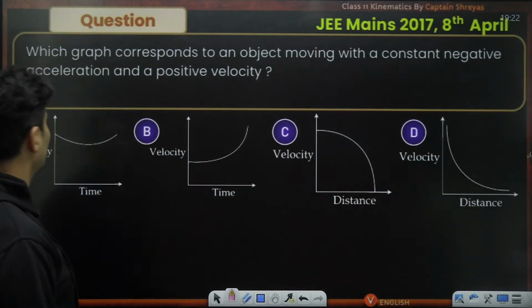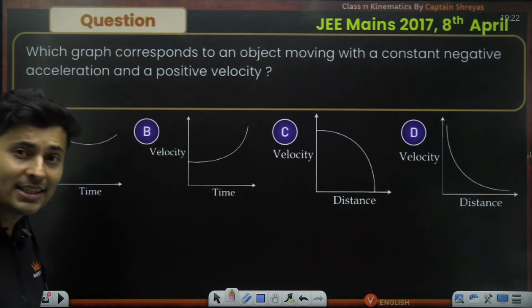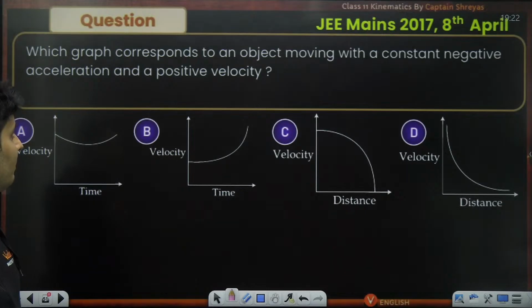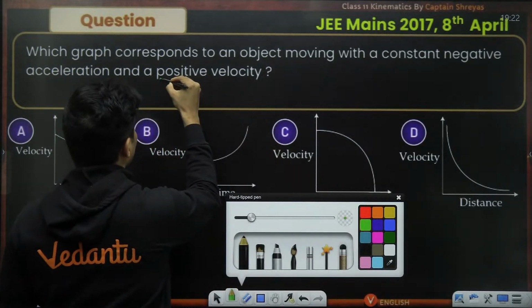How about this question? Which graph corresponds to an object moving with constant negative acceleration and positive velocity? Velocity-time. Okay, positive velocity means what?